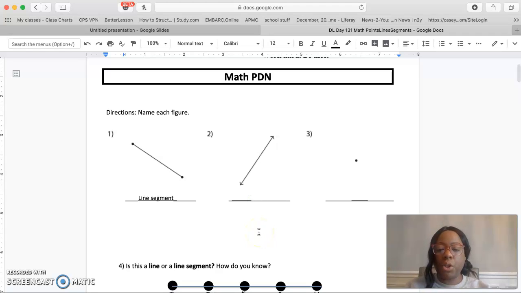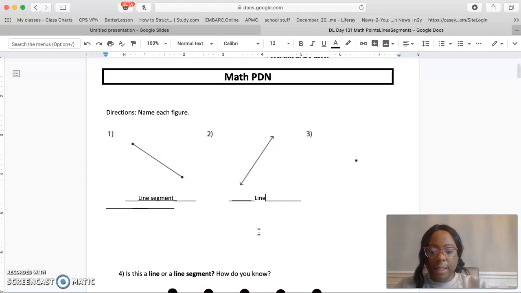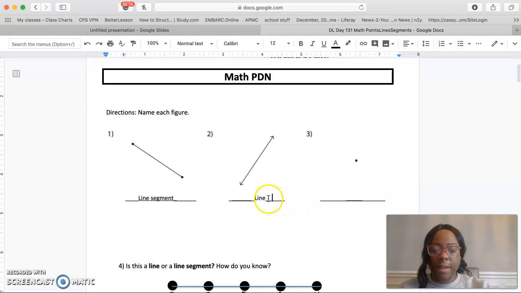Now for number 2, we have a line that has an arrow on each end. Now we know if there's an arrow on each end, that means that it's going on forever in both directions, and that is called a line. And the final figure that we have is a dot.